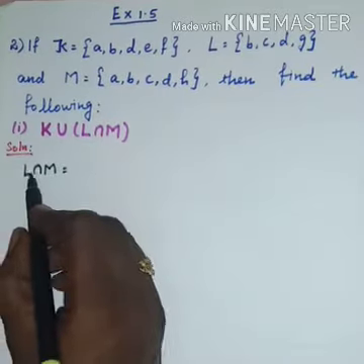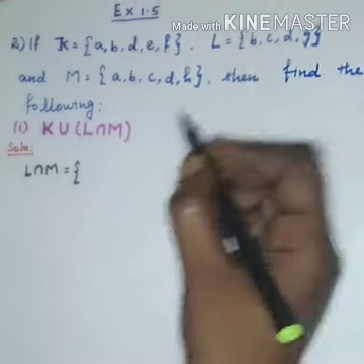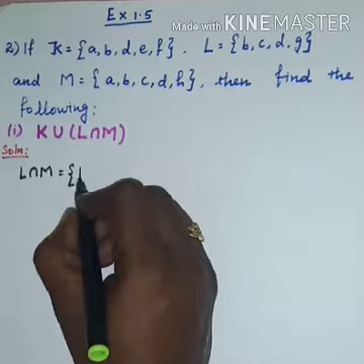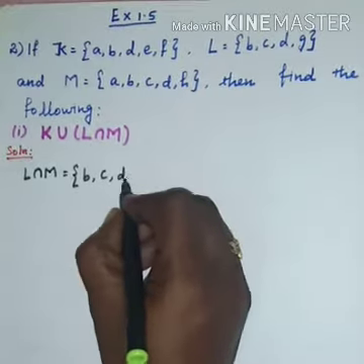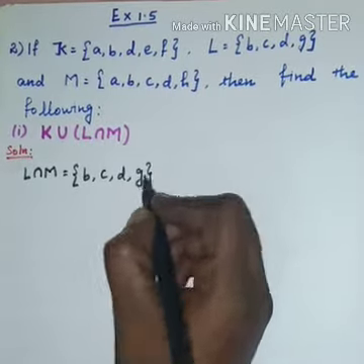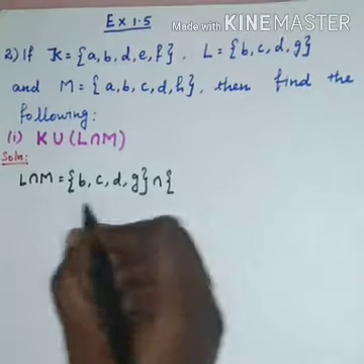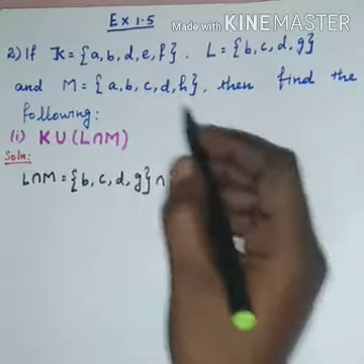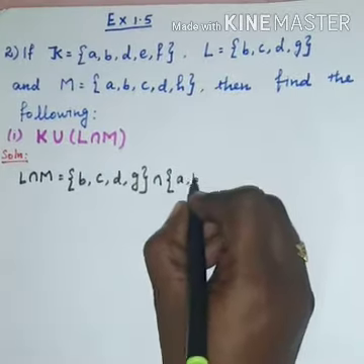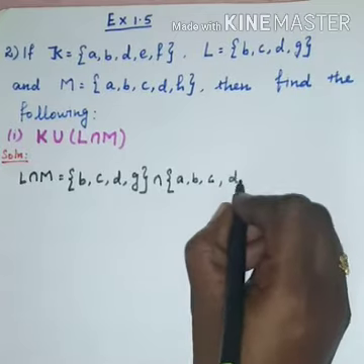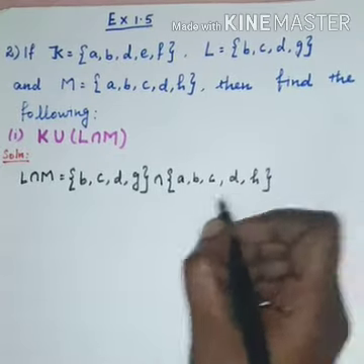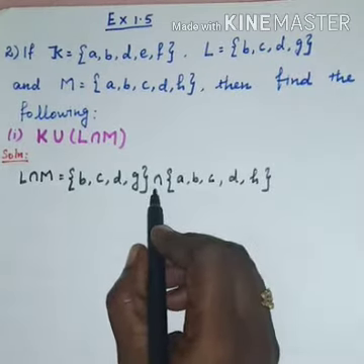What is the set L? The set L is given by B, C, D, G, and put the intersection symbol here. And what is M? M is nothing but A, B, C, D, H. So what is meant by intersection?